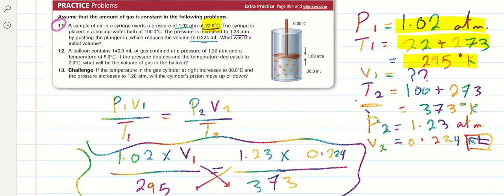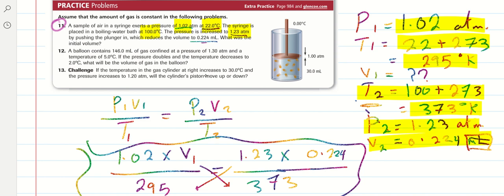The pressure is increased. So this is P2, and 100 degrees Celsius I also have to convert. Perfect, I have pressure, temperature, temperature, pressure. And they said the volume 2, because they said it reduces the volume to 0.224 milliliters. So this is the second volume.